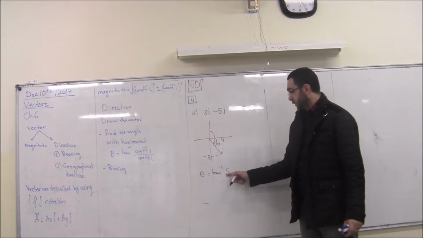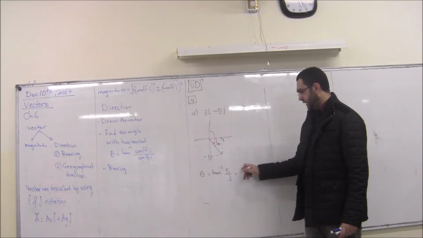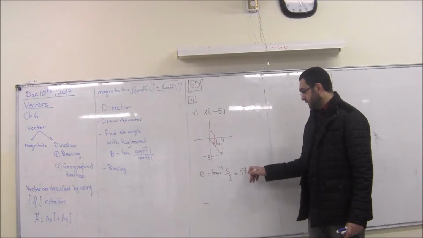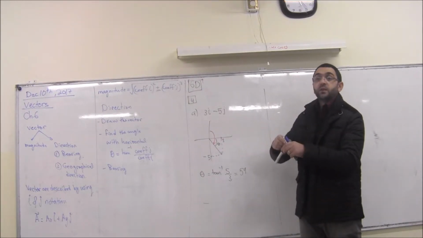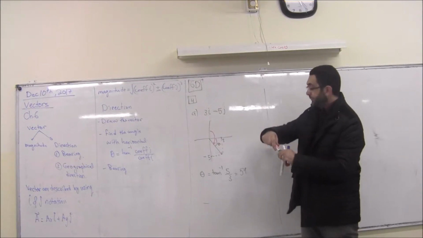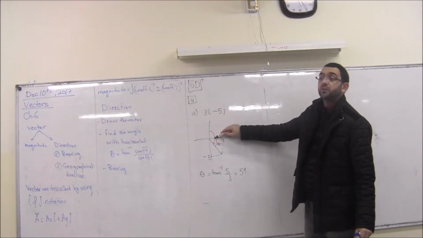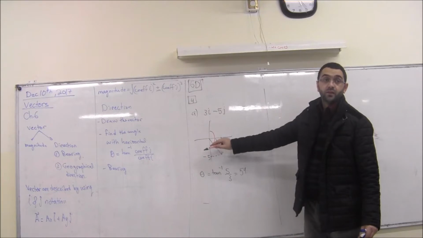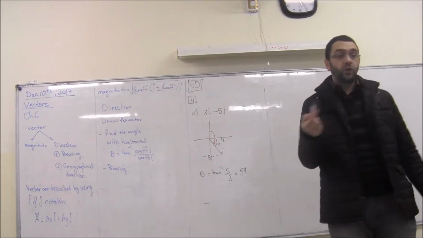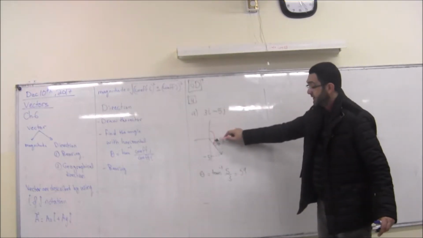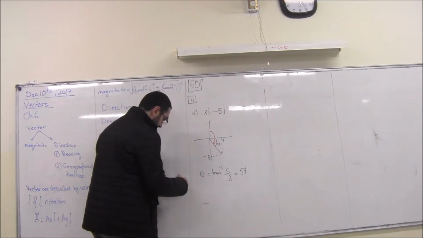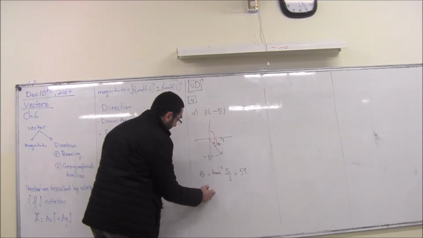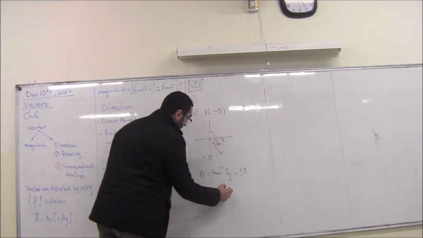This is 59. Then 90 plus 59. Now look again. This angle up to here is 90 plus theta. So the desired angle is 90 plus theta, 149.